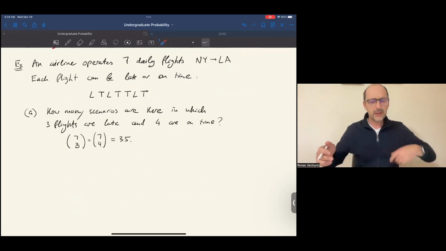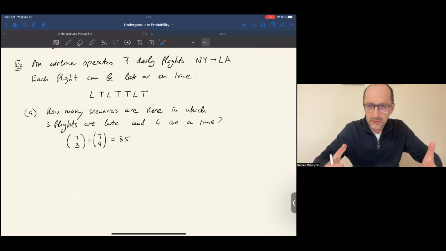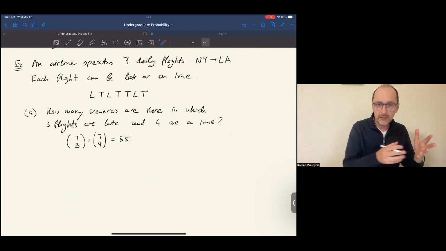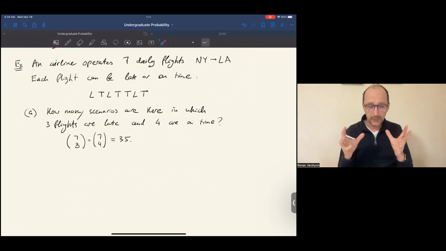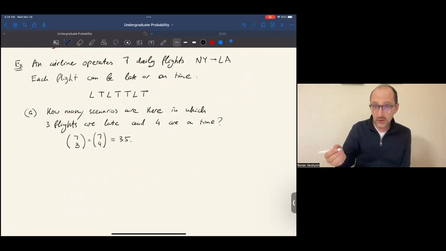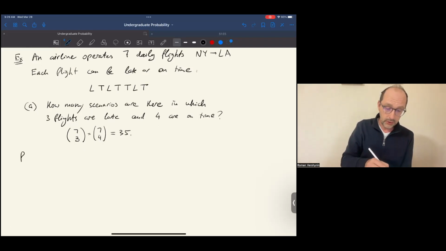As you can see here, there is a symmetry in this question. We could work with late flights, and the answer is going to be 7 choose 3, or we can work with on-time flights. The answer is 7 choose 4. There is kind of a symmetry going on here. Generally, if we have n flights, k of which are late and the others on time, we would get the symmetry property like this.